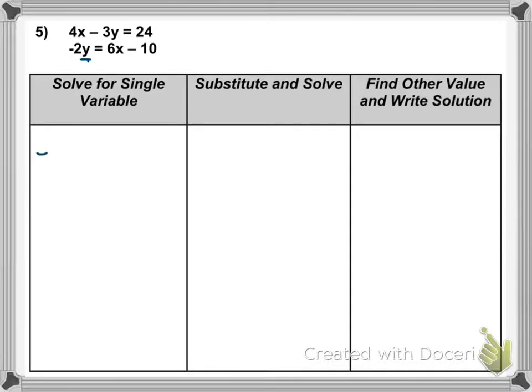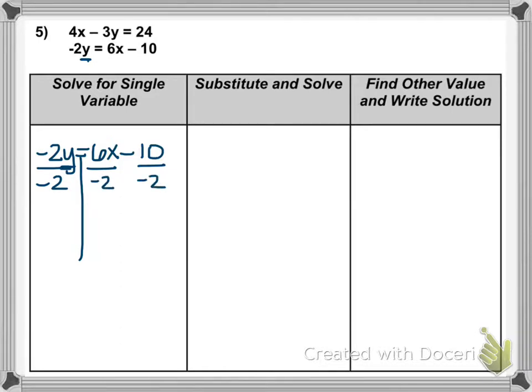So I'm going to start with the second equation because I think that'll be a little less work, and I'm always a fan of not doing more than I have to. So to get y by itself, all I have to do is divide every term by that negative 2. So y equals, and we'll simplify these fractions. 6 divided by negative 2 is negative 3x, and negative 10 divided by negative 2 is positive 5.